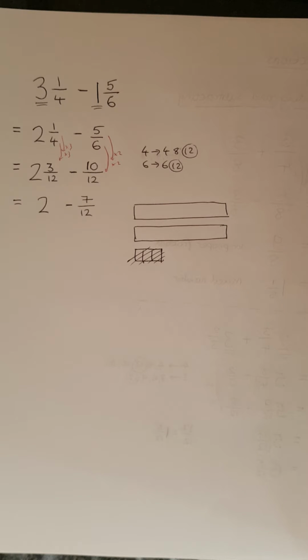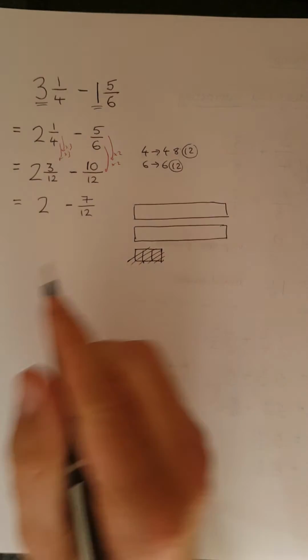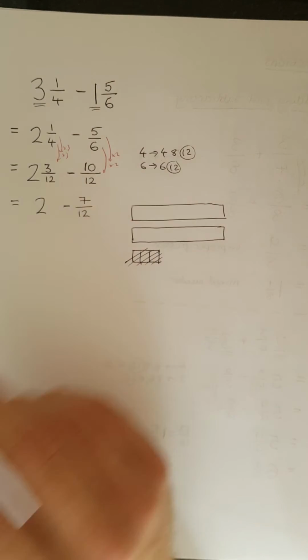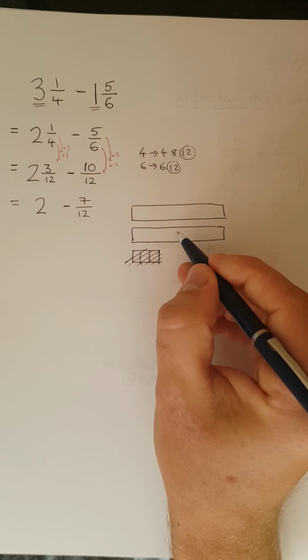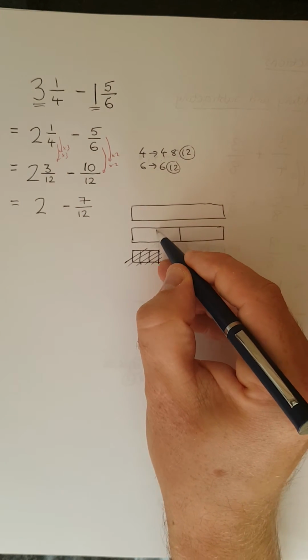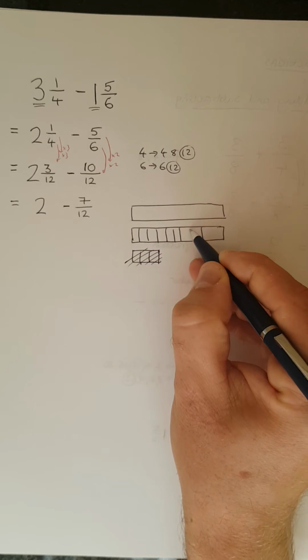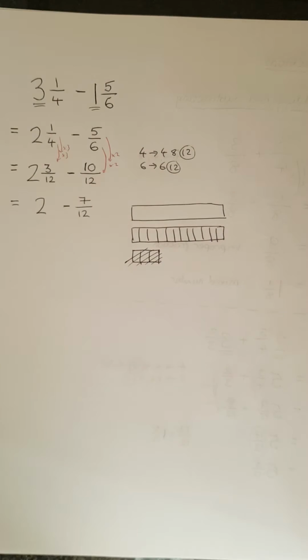Now, we need to think of this next stage a bit like borrowing, because I'm going to have to borrow from one of my whole ones to give up the 7/12. So watch what I do. I've now cut my whole one up into 12/12.